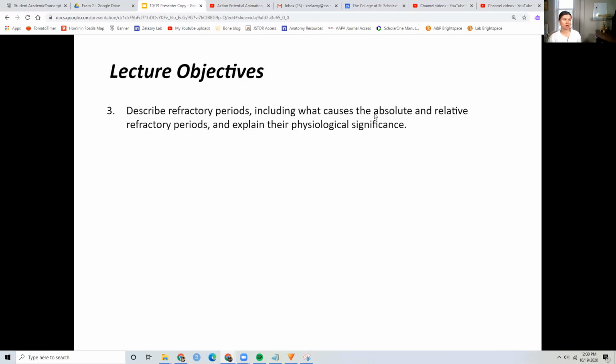One we're going to call the absolute refractory period. We're also going to see something called the relative refractory period. So these have different implications physiologically. One of them is a hard limit. The other can be overcome in certain situations.